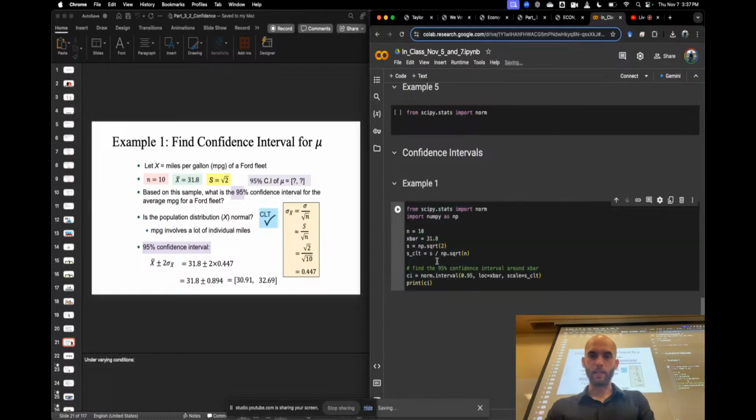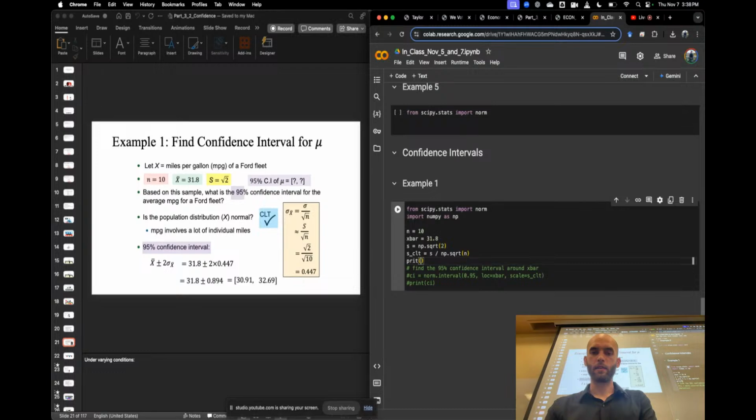What this is doing for us, you'll remember, is essentially performing this idea. The sample standard deviation is S, which is the square root of 2. But then we have to divide it by the square root of the sample size, the square root of n. So this thing is just giving us 0.447.